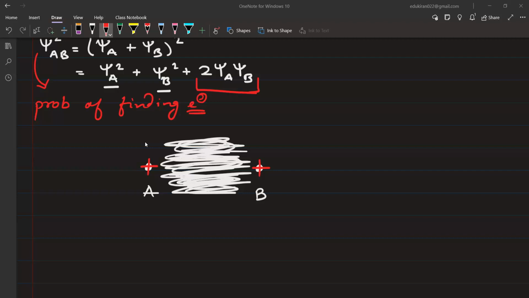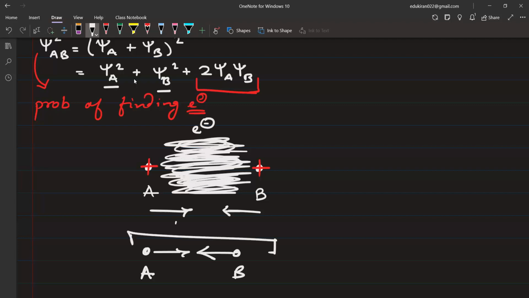If the nucleus of hydrogen had two protons, it would have been helium. So the nucleus of A is attracted in this direction because we have electron density here, and the nucleus of B is attracted in this direction. We can say that atom A and atom B are attracted towards each other, and this is nothing but a chemical bond.